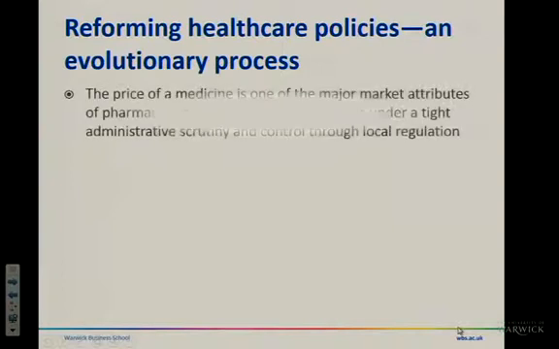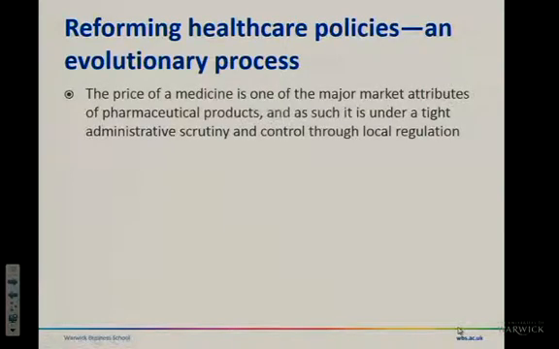Well, basically the price of medicine is one of the major market attributes of pharmaceutical products, because we as patients don't have enough information about drugs. We trust our doctors, but at the same time we have a restriction, which is how much we can afford to pay for that drug.